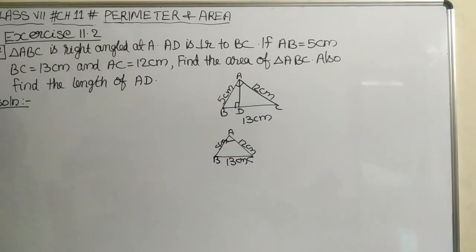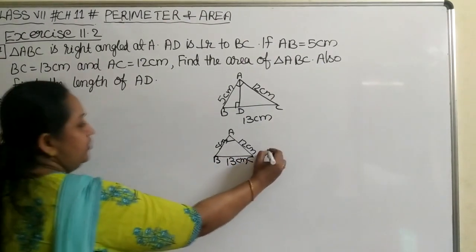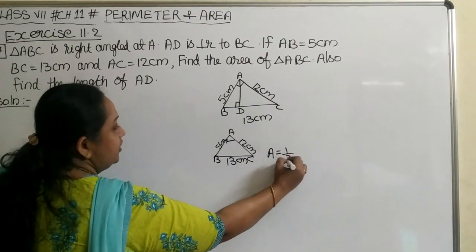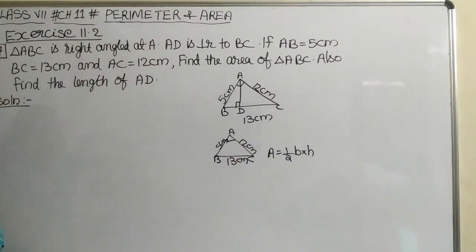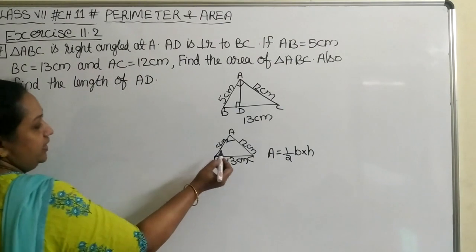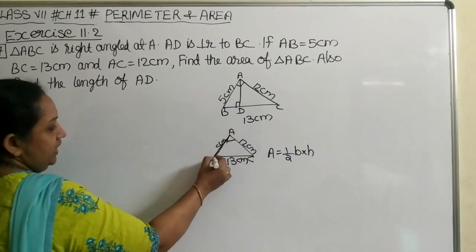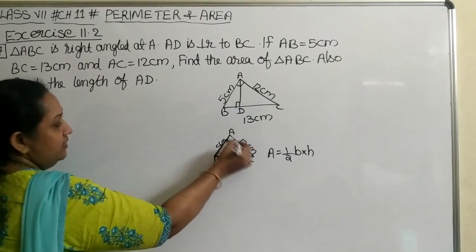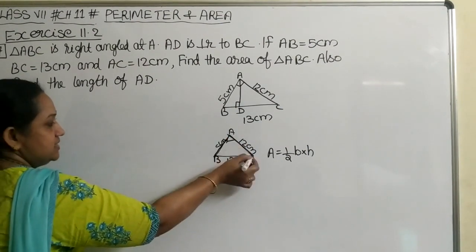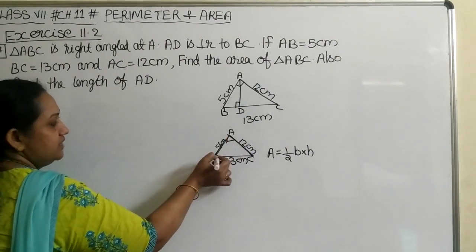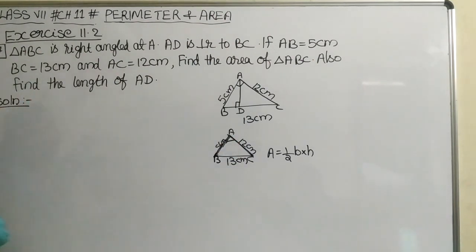How to find area of a triangle ABC? The area of triangle ABC is half into base into perpendicular height towards the base. So here if we take AB as the base, 12 is the perpendicular height. Or if we take AC as the base, then AB, 5 centimeter, will be the perpendicular height of the triangle.